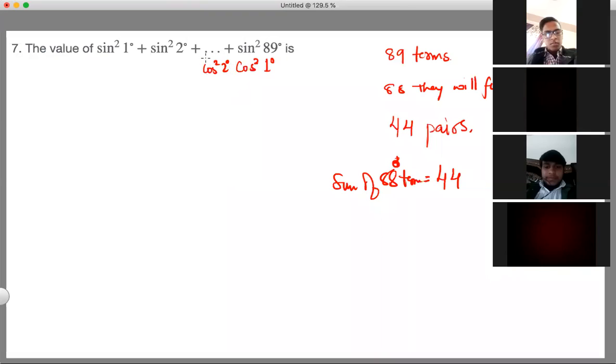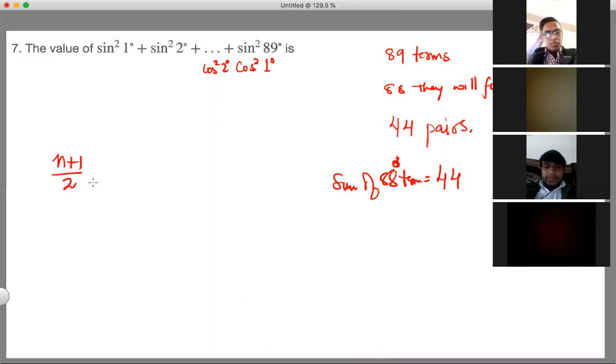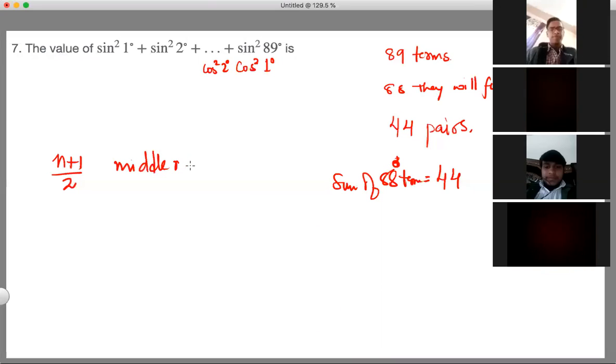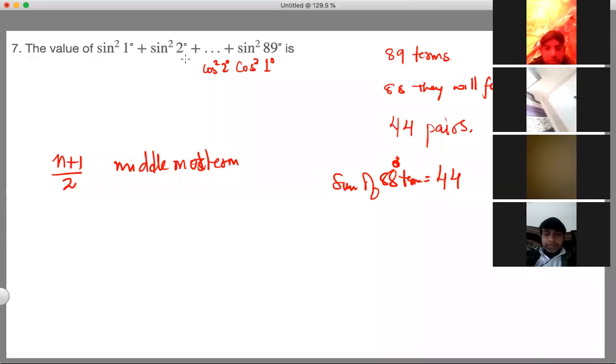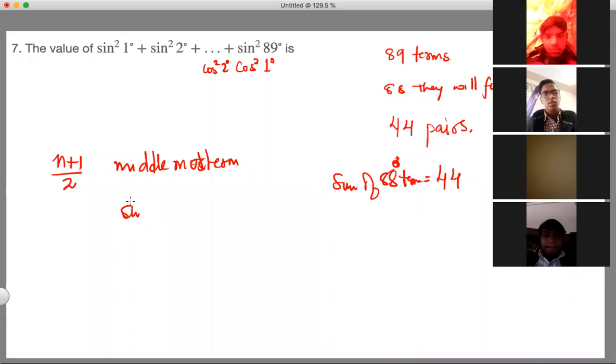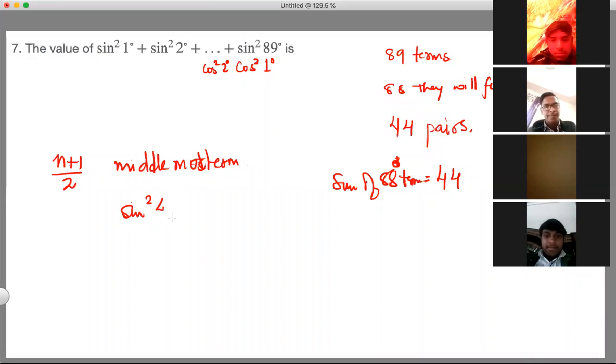Odd number में middlemost term कौन सी होती है? (n plus 1) by 2 is the middlemost term. Right? वो कौन सी है? Sine square 45 degrees.